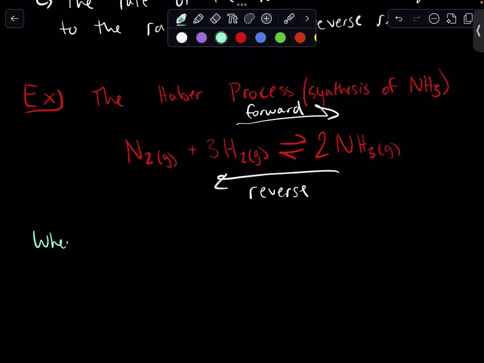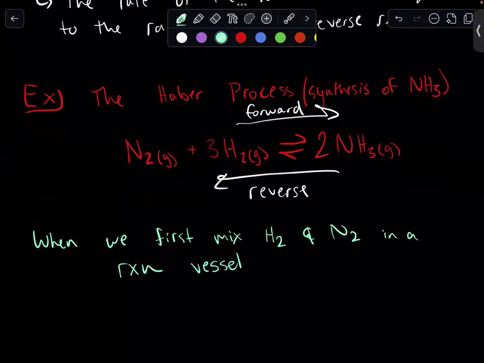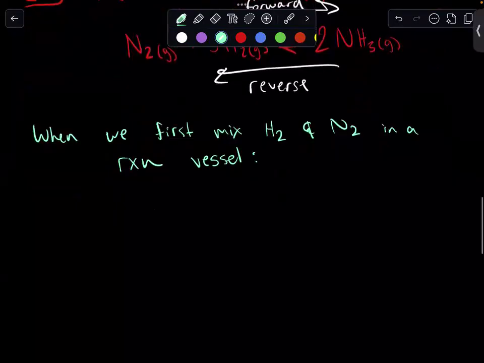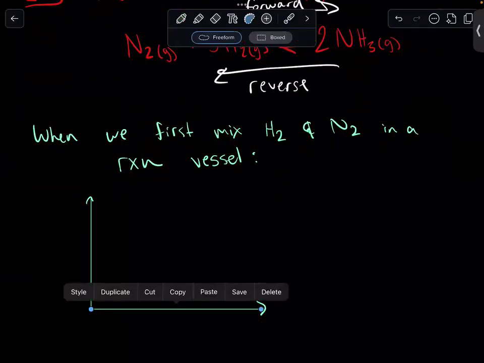So when we first mix hydrogen gas and nitrogen gas in a reaction vessel, we can display with this graph. So we're going to look at this as a process of, and actually extend this a little bit.